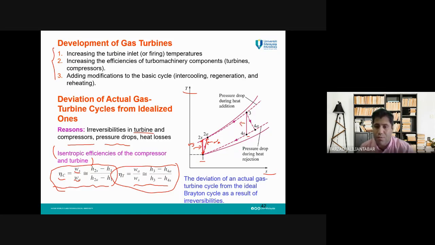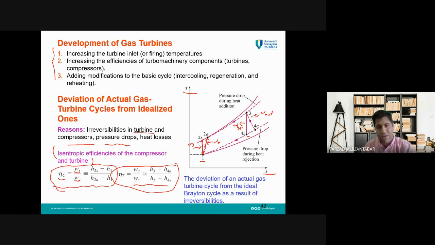We have Ws for the turbine and Wa for the turbine. So this is the ideal, isentropic one, and this is the actual one: H3 minus H4A for the actual, and H3 minus H4S for the isentropic one.